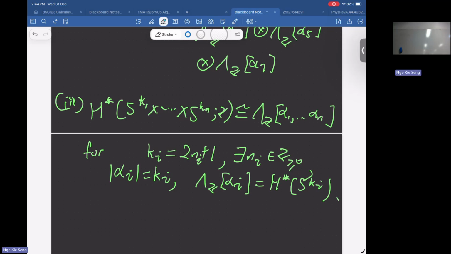And what's the relation there? It squares to 0. But the claim here is that for all even dimensional spheres, you will just get Z alpha over alpha squared. Why is it true?